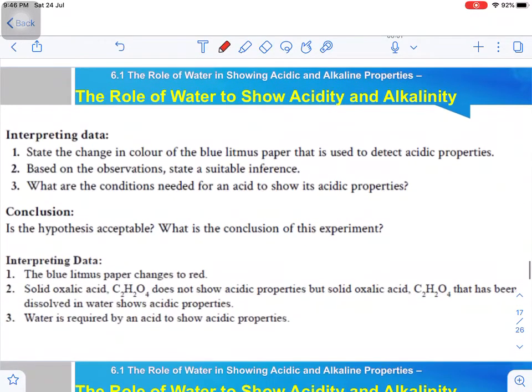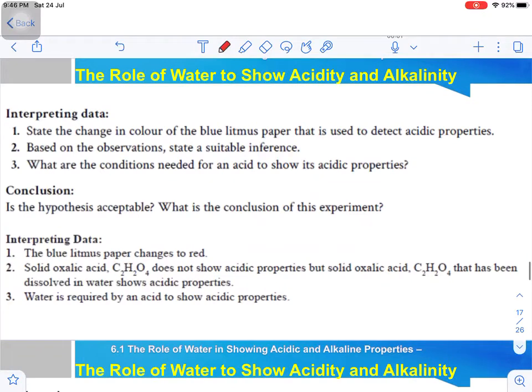So, state the change in color of blue litmus paper that is used to detect acidic properties. If you want to detect acidic properties, the color of litmus paper must change from blue to red. Okay. So based on the observation, state the suitable inference.